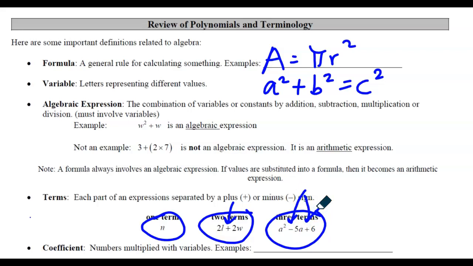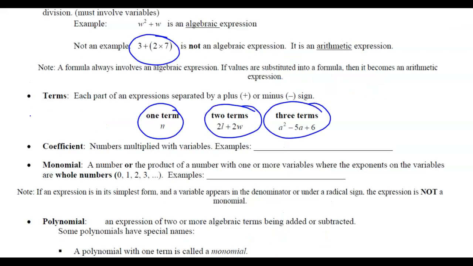Okay, and we'll come up with definitions for those a little later on in this notes package. A coefficient: those are the numbers that are multiplied with variables. So if we look back at, say, this example, 2L, the 2 is the coefficient. If we look back at this here, negative 5A, the negative 5 is the coefficient. You take the sign in front.